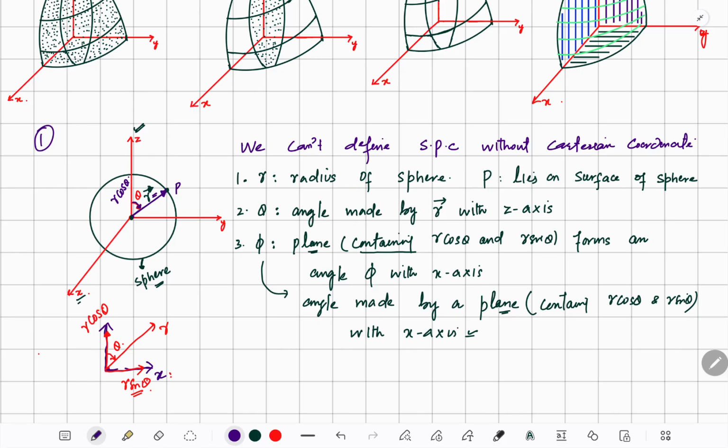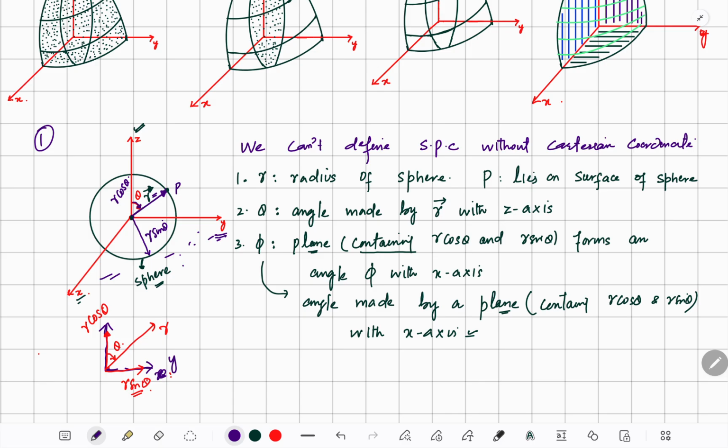One projection lies on the z-axis, another projection lies on the xy plane. Its second projection, which is r sin theta, does not fall on the y-axis, but rather falls on the xy plane.